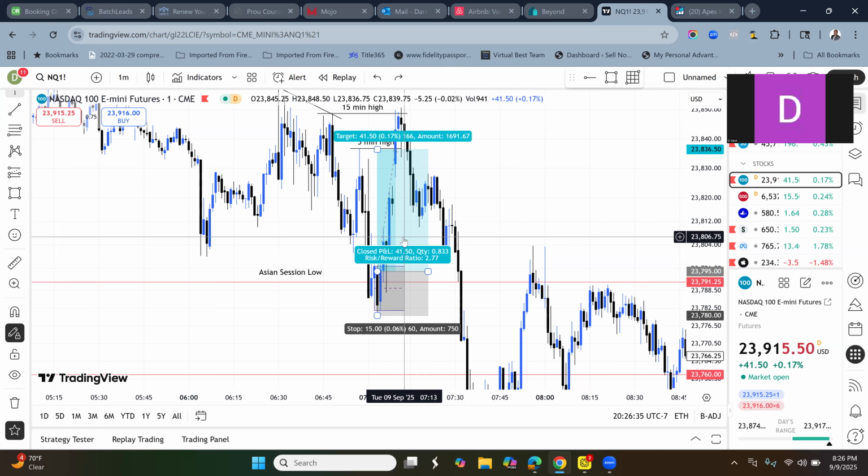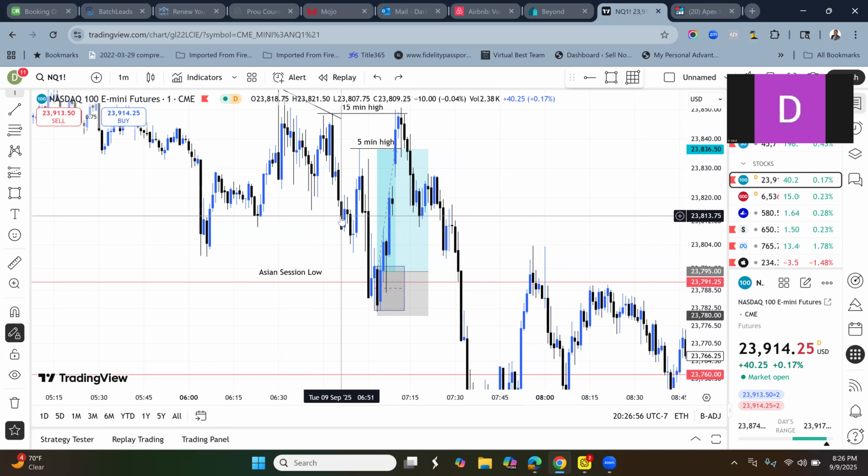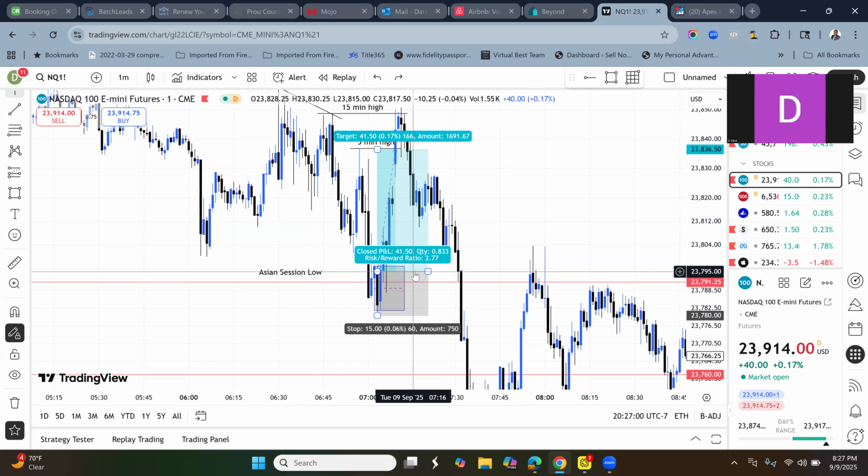Due to it being a no-news Tuesday, and no-news Monday yesterday, I have been scalping. So I have not been holding my trades to external draws. Rather, I'm holding them to internal draws on liquidity, something like session highs, 15-minute highs, 5-minute highs. Still, you can see my RR is a 2.7, so that's really good.